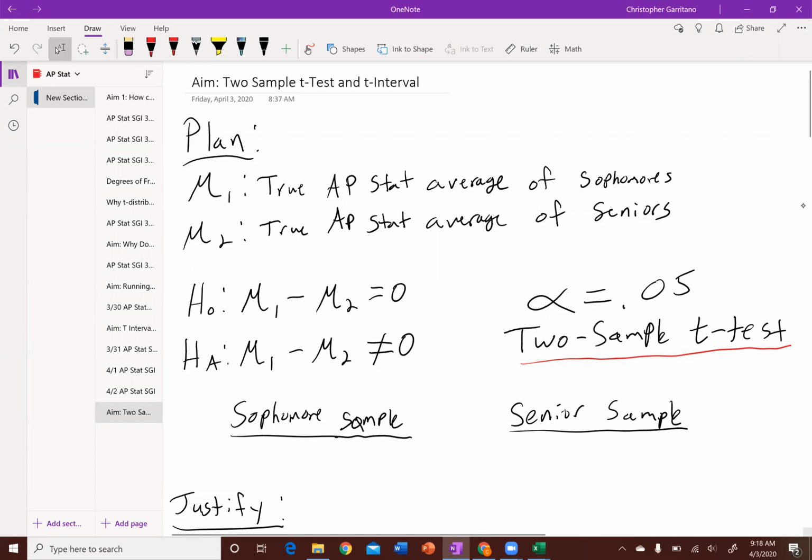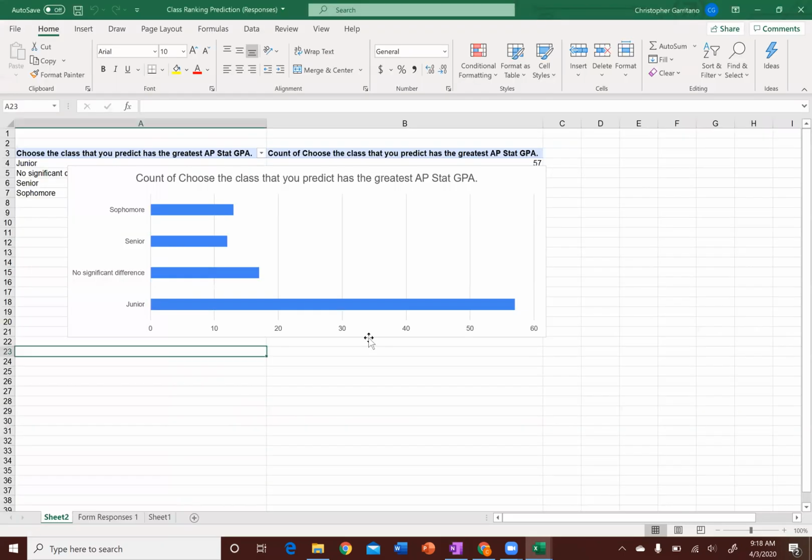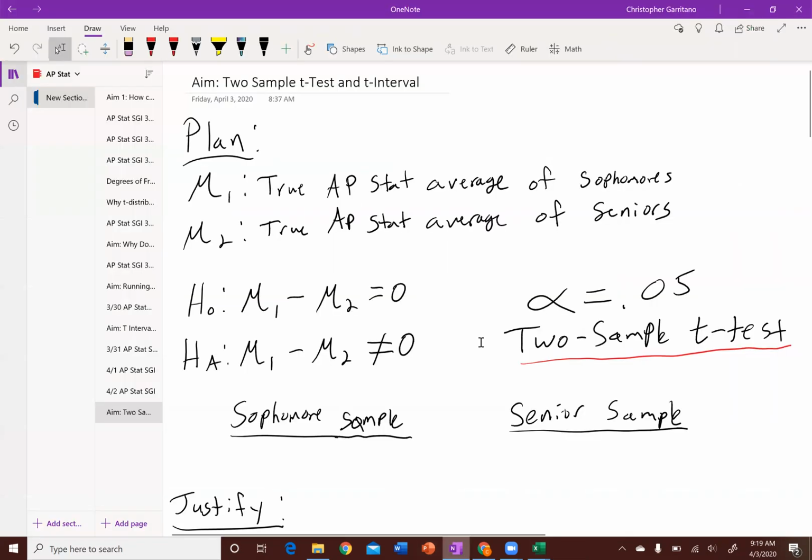My reasoning is that in your predictions, there were almost the same number of predictions for sophomores being the greatest and for seniors being the greatest. So I'm going to run a hypothesis test just to see if there is any sort of difference. My alternative hypothesis will be that mu1 minus mu2 is not equal to 0. So hopefully you understand this is going to be a two-tailed test.